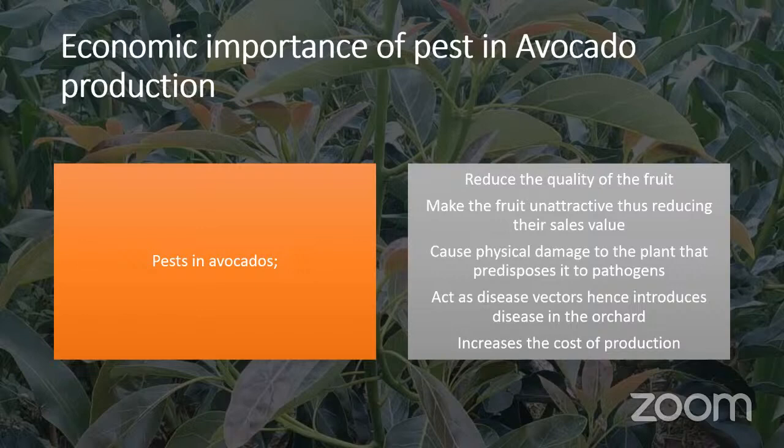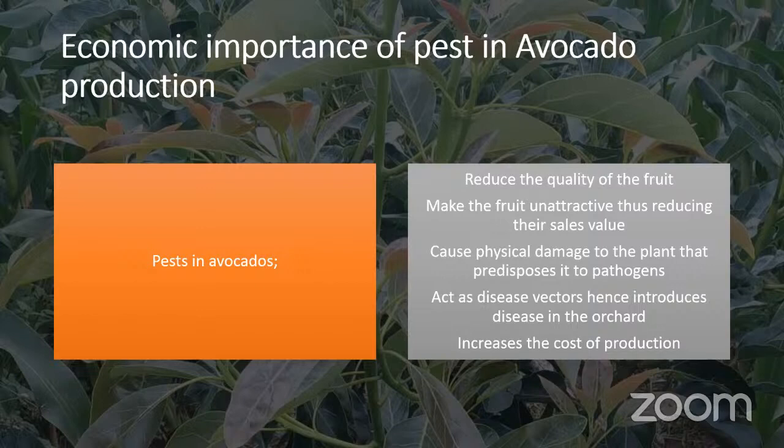So a pest will actually now become a carrier for the diseases from one plant to another. And it becomes very difficult to control the disease if you leave your orchards infested by the pests.